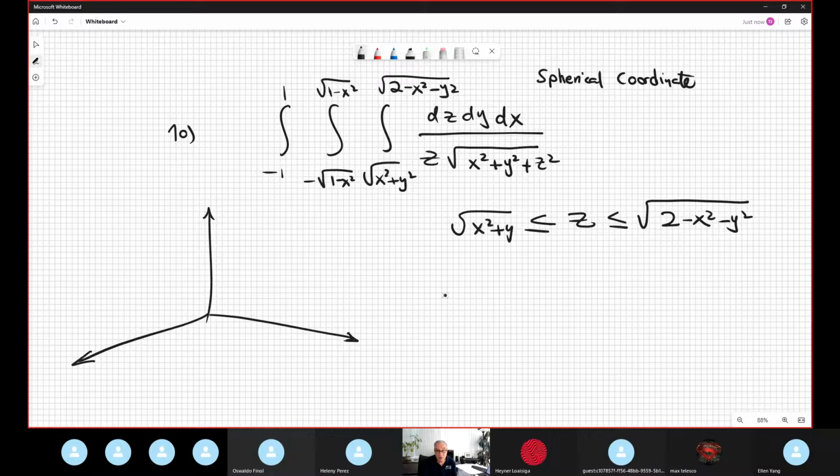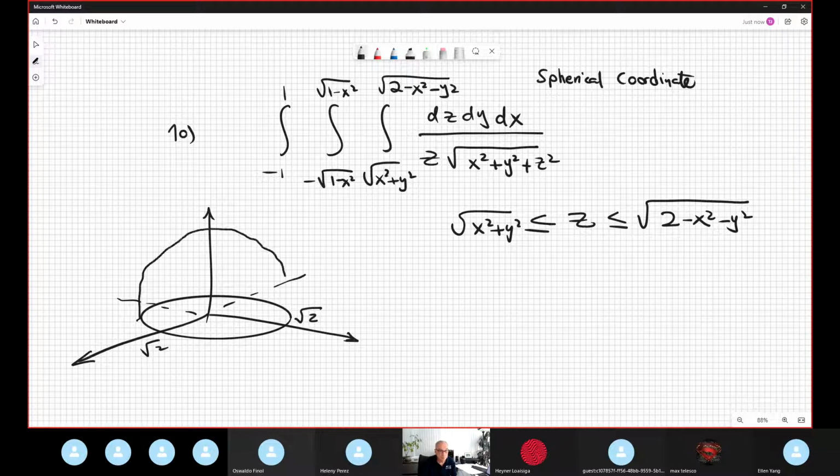You know very well that this is a sphere, or hemisphere, of radius radical 2, no? And a cone. So this is a hemisphere of radius radical 2, and we have a cone.